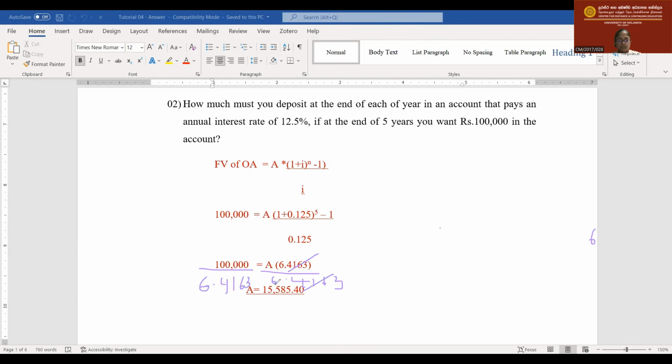Here cut it off. 6.4163 divided by 6.4163 is 1, right? Therefore, use the calculator. 100,000 divided by 6.4163. What would be the value?